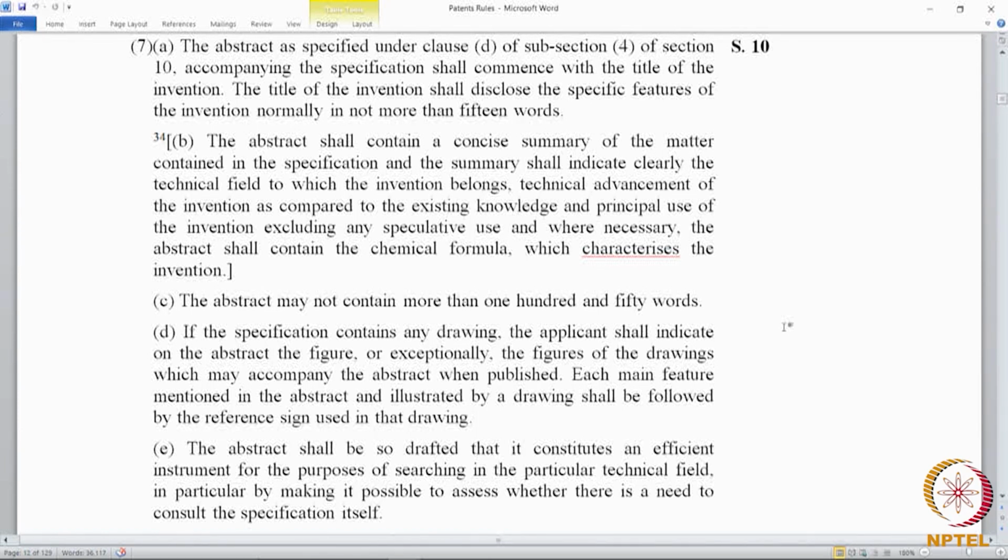Third, the principal use of the invention, and the principal use alone is required, and all speculative uses should be excluded. If the abstract pertains to a chemical invention, and where it is necessary, the abstract shall contain the chemical formula which characterizes the invention. So that's an optional thing which comes only in the case where chemical compounds are involved.